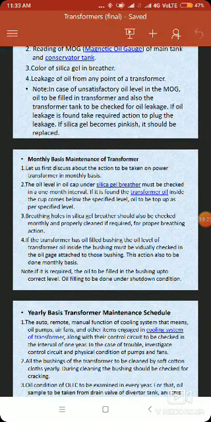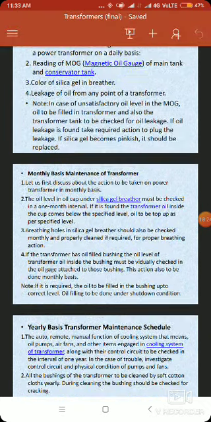Breather holes in the silica gel breather should also be checked monthly and properly cleaned if required for proper breathing action. That is the basic purpose of the breather, it does the breathing. Everyone requires normal breathing, like a human being.